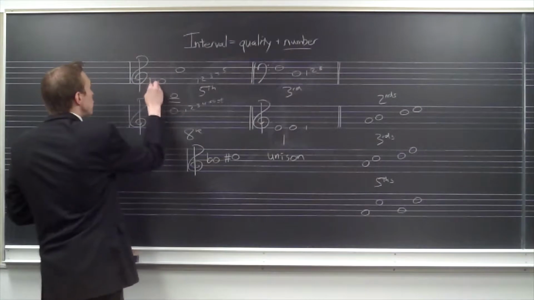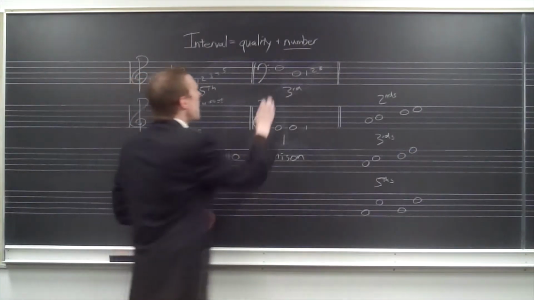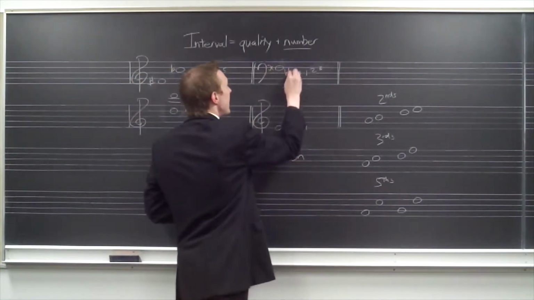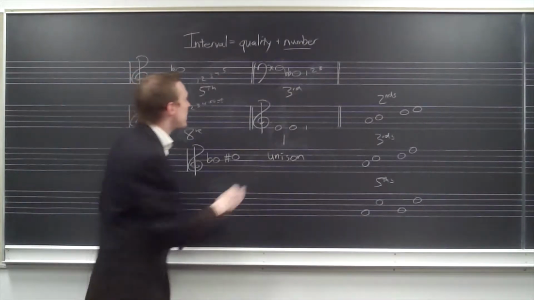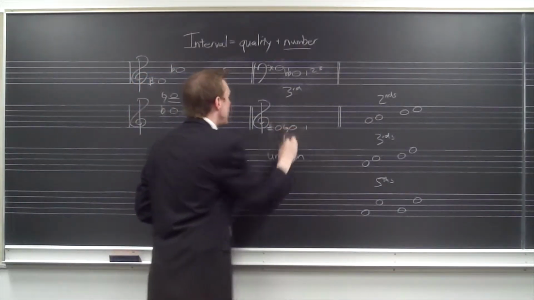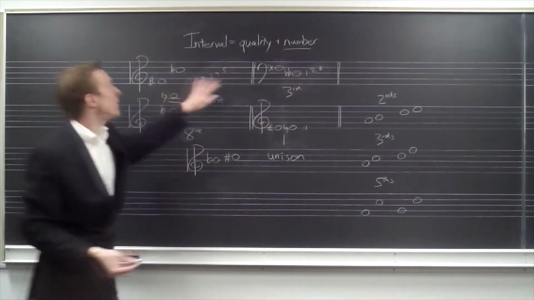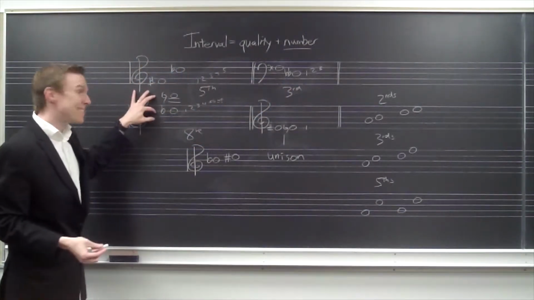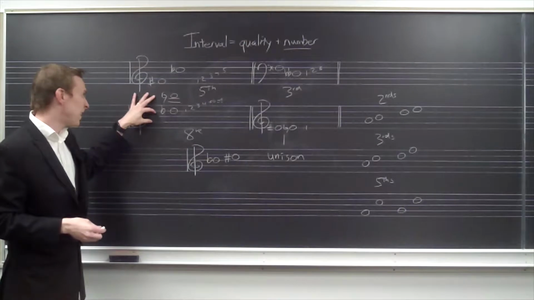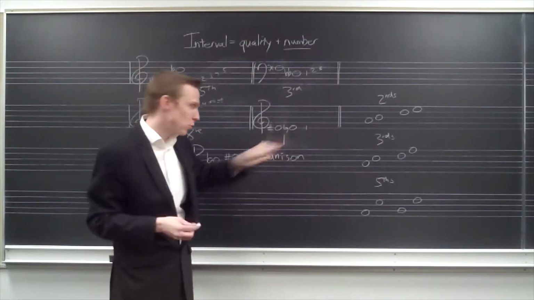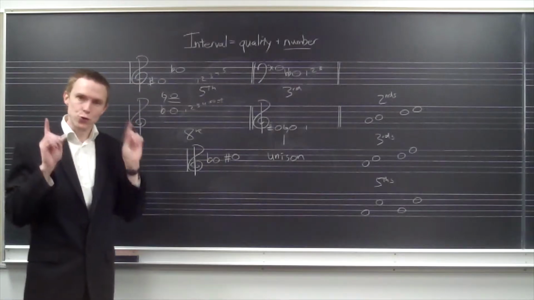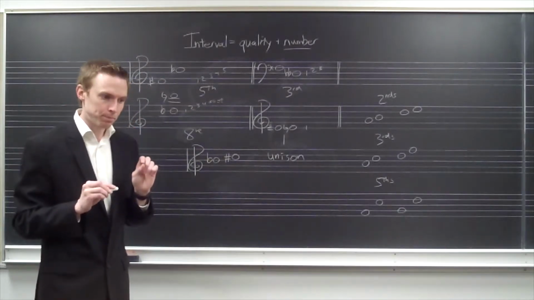So I could write sharps and flats and double sharps and double flats in front of these notes all day long, and that would not change the fact that this is still a fifth, this is still a third, this is still technically an octave, albeit an unusual one, this is still technically a unison, albeit an unusual one as well. So accidentals do not affect the number at all.